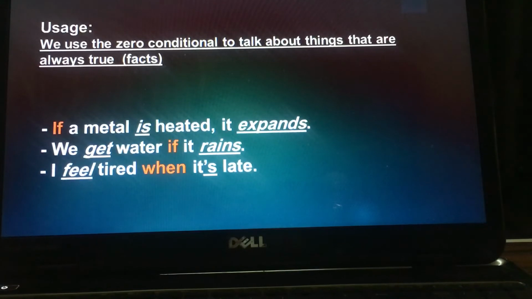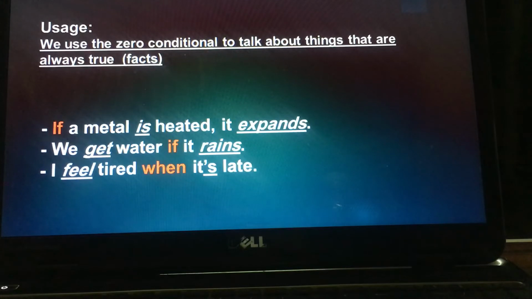And let's notice that we used the present simple tense in both clauses. So you can extract this by looking at the first part. When we said if a metal is heated, we underlined is, which is present simple, and the second part, it expands, means that we used the present simple too.